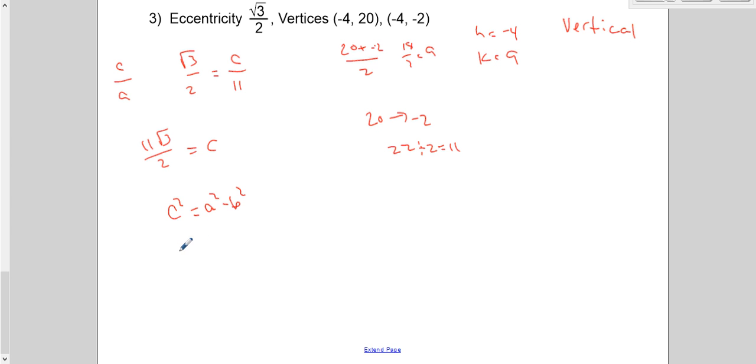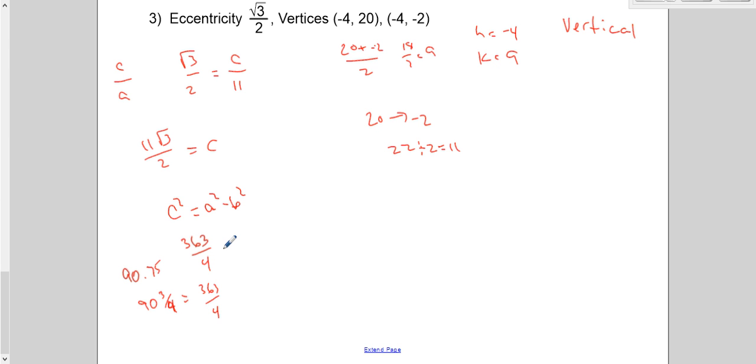And when you take 11 times the square root of 3 divided by 2, and then you square that, you will get 90.75, which is 90 and 3/4. And if you convert that to an improper fraction, that's 90 times 4 is 360 plus 3, so 363 over 4.